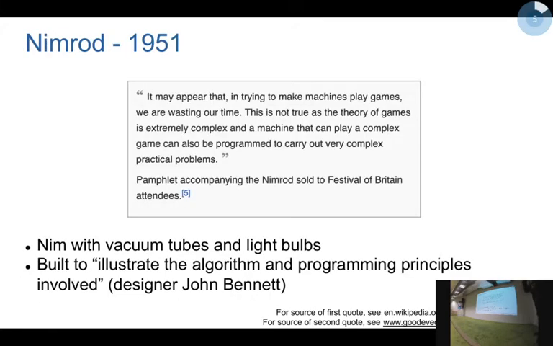And then in 1951 there was a game called Nimrod. So this was an implementation of a pre-existing game called Nim on a computer. And in this, it was again at a trade show, again trying to sell some vacuum tubes, but he was also saying that they were built to illustrate the algorithm and the programming principles involved.